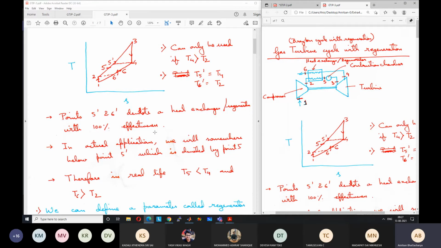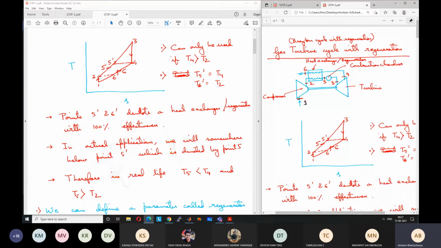So if you are increasing, see what is happening in the cycle from a thermodynamic point of view. The work output is not changing. What is the work output? Cp(T3 minus T4) minus Cp(T2 minus T1). So the work output is not changing in any way. The only change that will occur in the fuel combustion process is the reduction in the amount of fuel required for combustion, because already you are increasing the temperature.